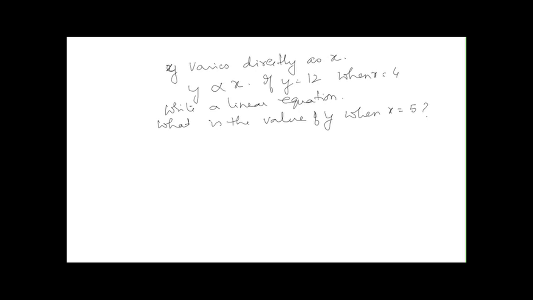Y varies directly means Y is directly proportional to X. How will you write the linear equation? Y is proportional to X, so Y is equal to Kx. What is that K? It is a proportionality constant.